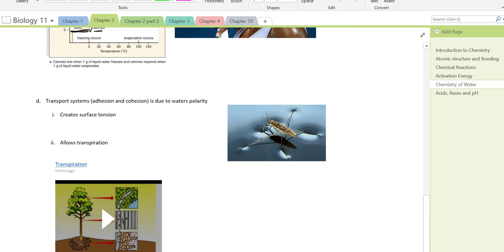Last couple things down at the bottom. So water is a great transport system due to hydrogen bonding, right?